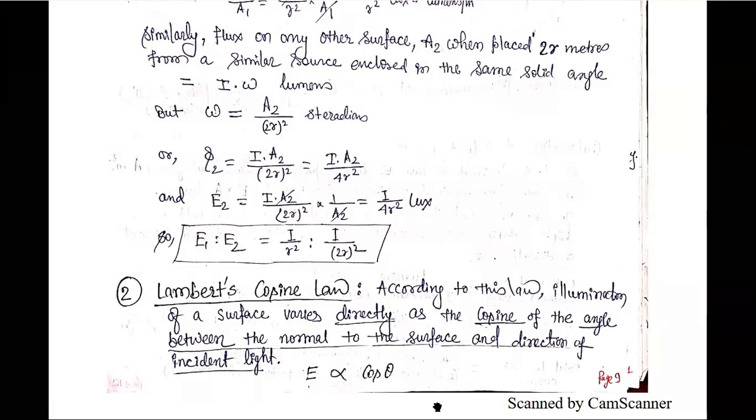Illumination E is directly proportional to cos theta, where theta is the angle between the normal to the surface and the direction of incident light.